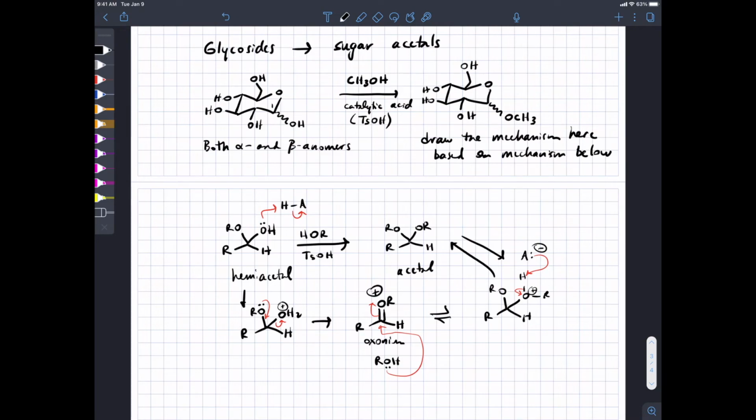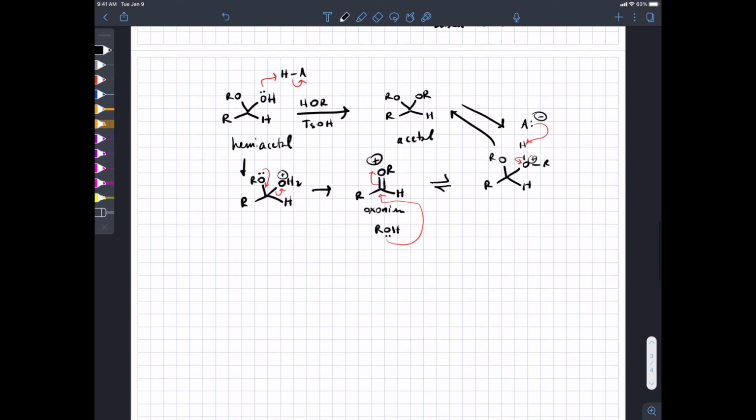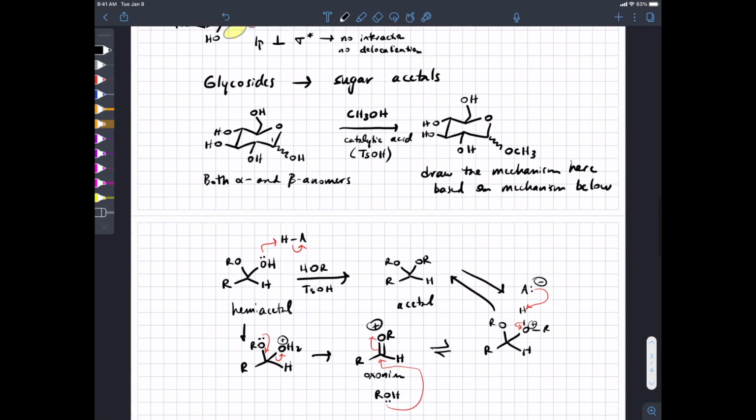Now, the methoxy group is boring. And so there are a lot more interesting acetals that we can make with sugars. One of the questions we could ask is, what if the alcohol that comes in and replaces the OH group on glucose is another sugar? All right?